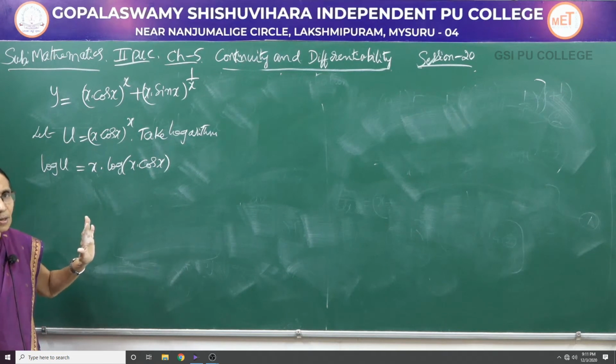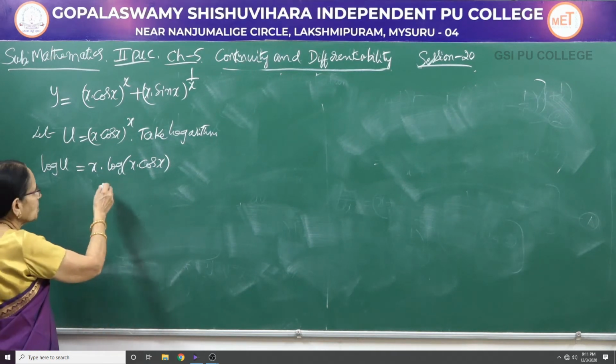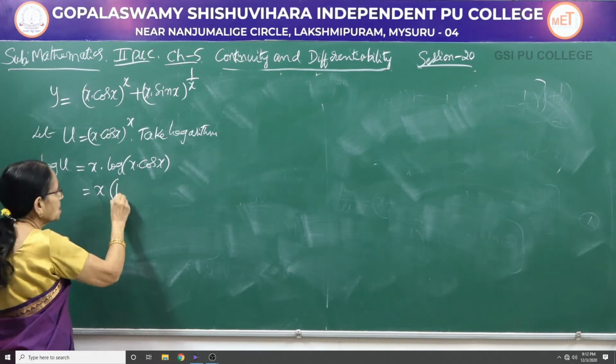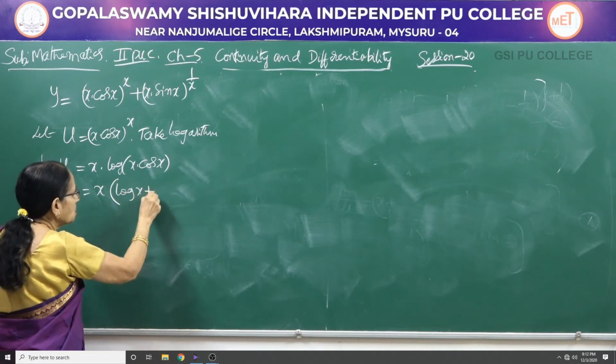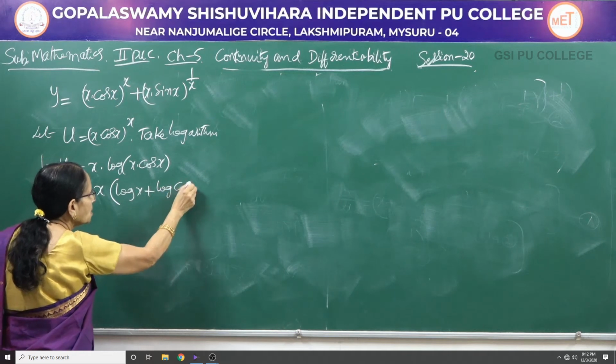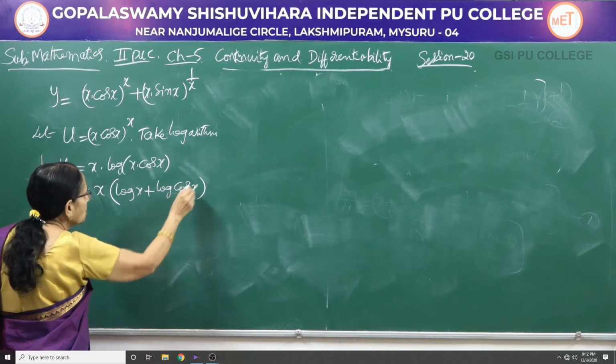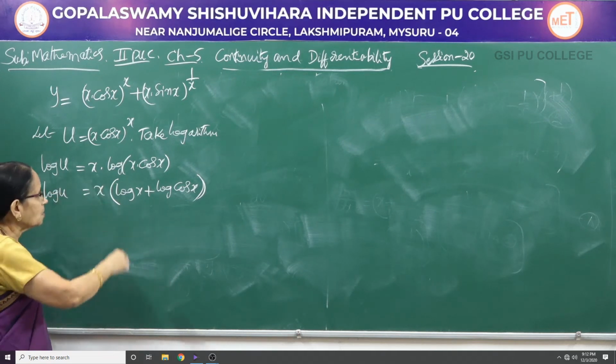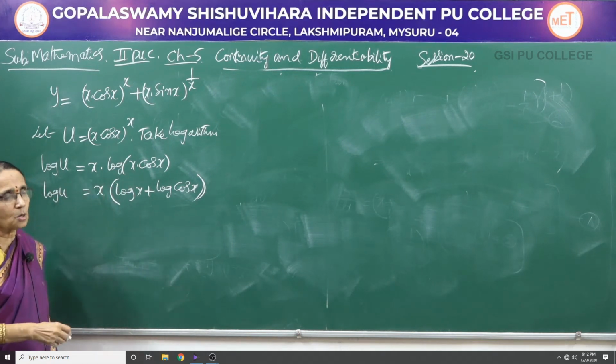Both ways you get the same answer. So instead of having a product, I can write this as x into (log x plus log of cos x). This is log u.